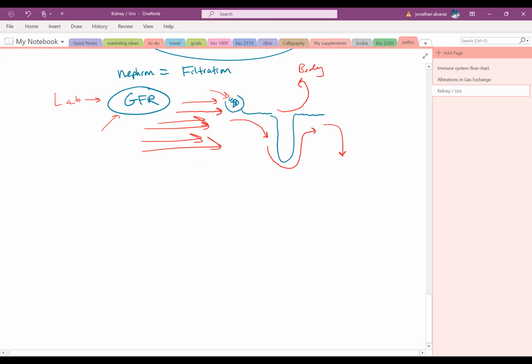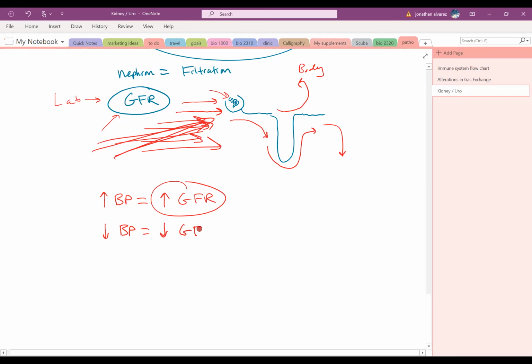So some hemodynamics that you would expect. If you have an increase in blood pressure, you should expect an increase in the GFR. If fluid is being pushed in faster because the pump is working harder, well, sure, the filtration rate should go up. If the person has a drop in blood pressure, then the GFR should go down.